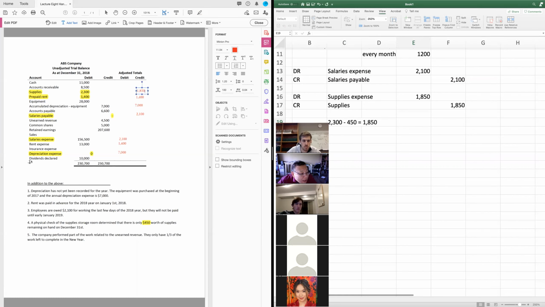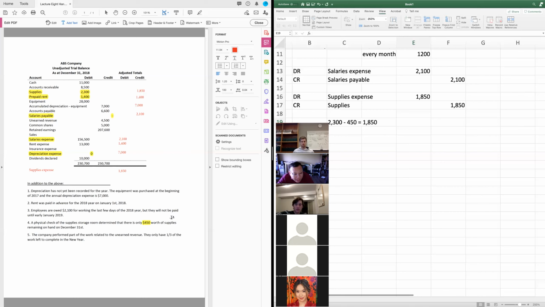Where should I add it? There's no space. So if you don't mind, I'm just going to squeeze it down here. It should be above the line of the total, but I have nowhere to put it, right? Expenses, and you debit it, right? So that's 1850. Does this make sense? Make sense? Yeah? Okay, thank you.